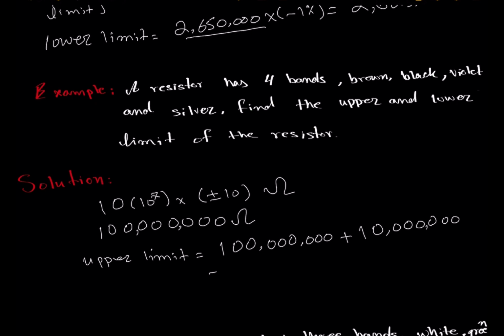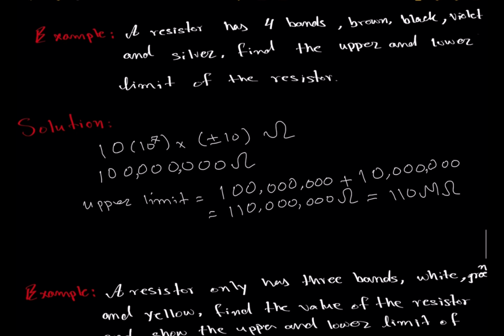So the upper limit will be equal to 110 million ohms. 110 mega ohms. We can say also in metric notation 10 to the 6 is million. We can say mega ohm.